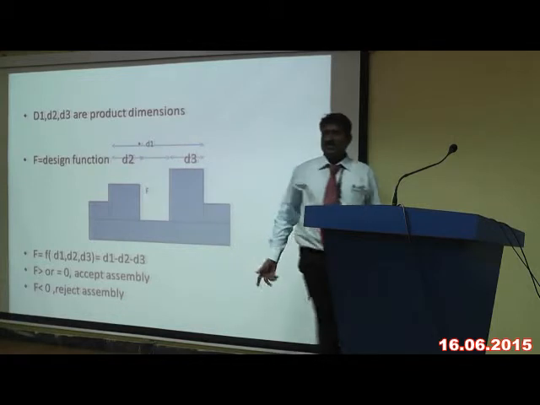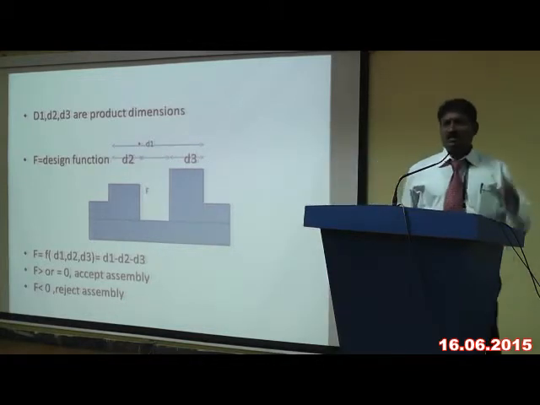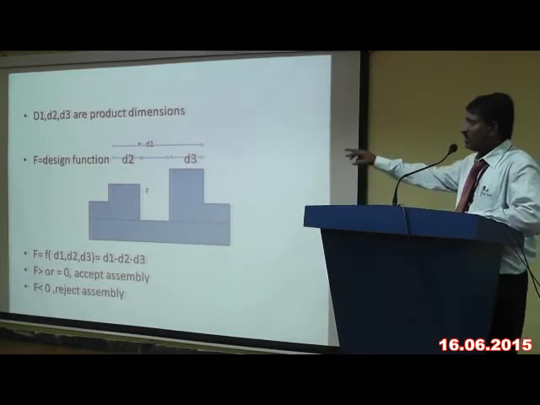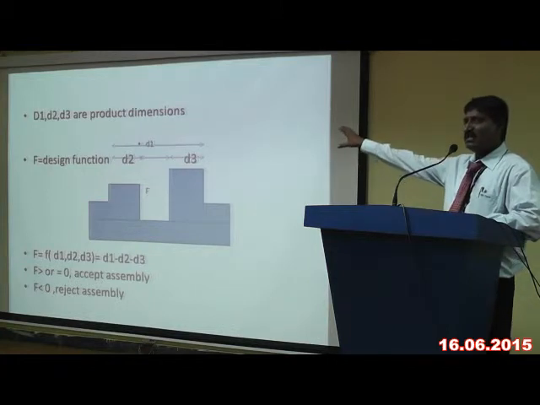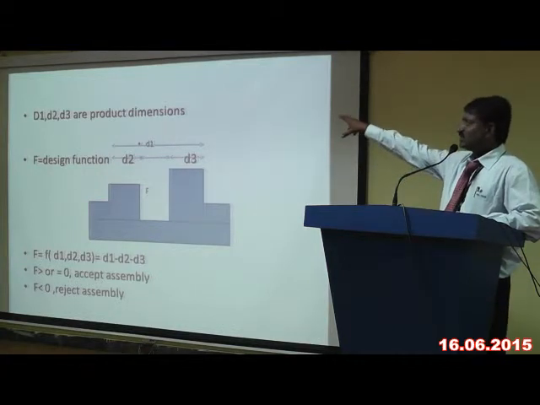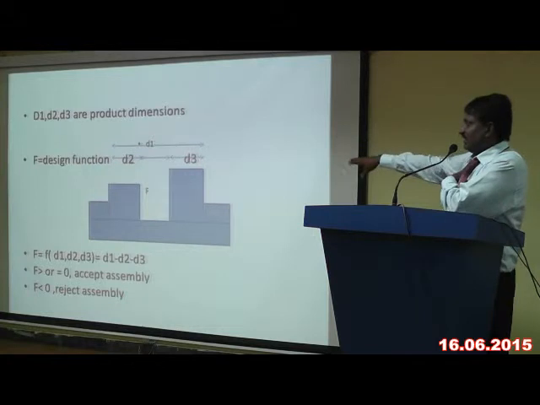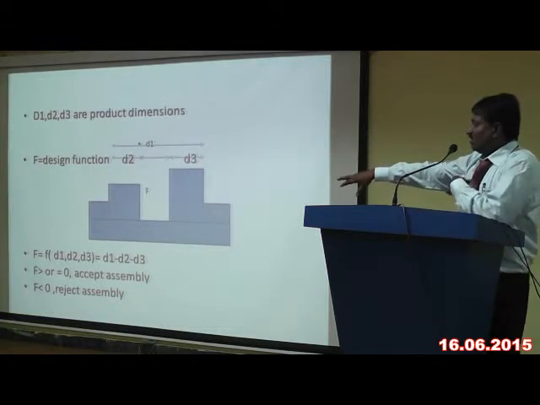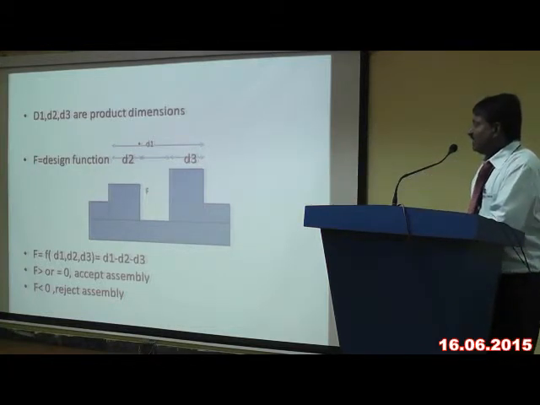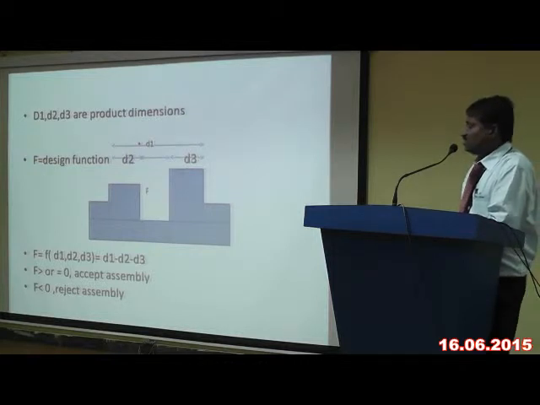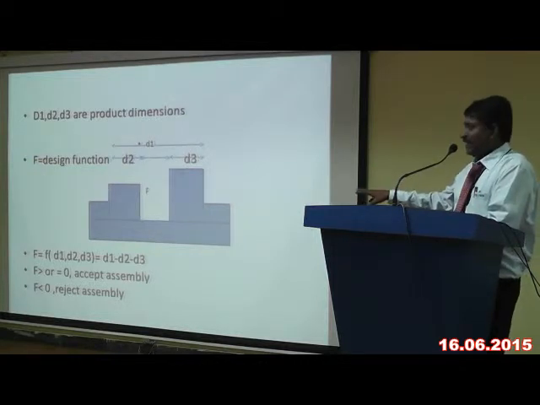I can have as many dimensions as possible, and the basic thing is how we are going to decide the design function F with the help of the other dimensions D1, D2 and D3. Now F is a function of D1, D2, D3, and if F is greater than or equal to 0, accept assembly, and if it is less than 0, then reject assembly.